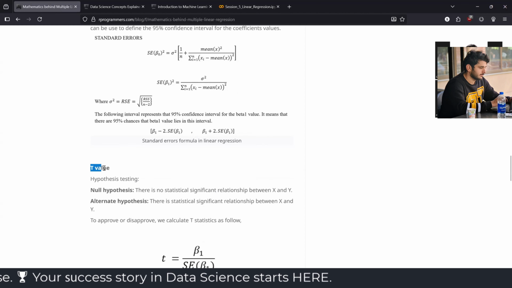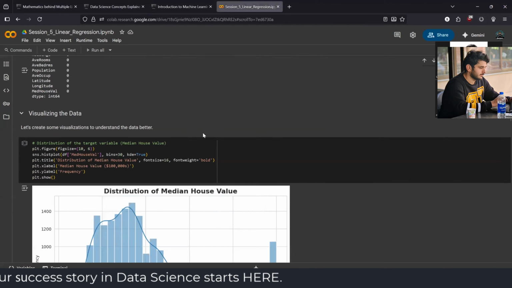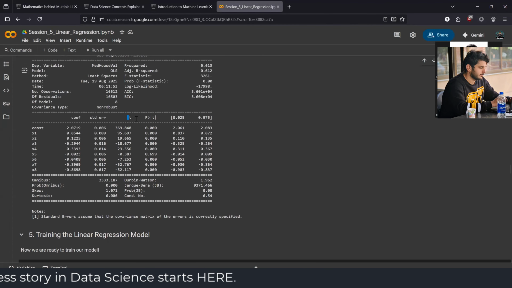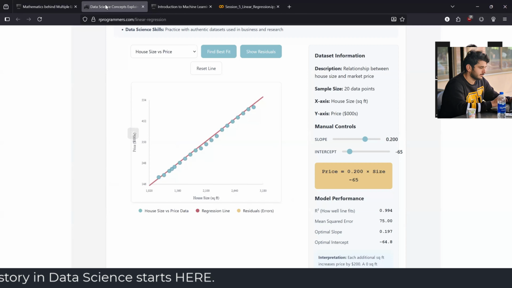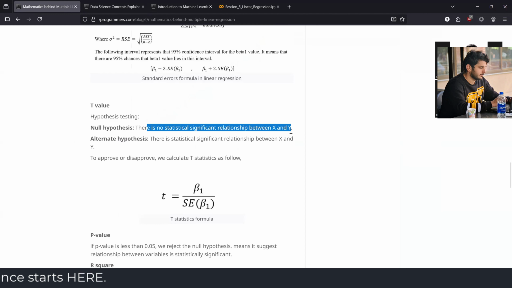We have a t-test or a t-value in our table, like this one. Like this one, we have a t-value, right? And this is basically a statistical test that has two hypotheses: null hypothesis and alternate hypothesis. Now, the null hypothesis is that there is no significant relationship between x and y.